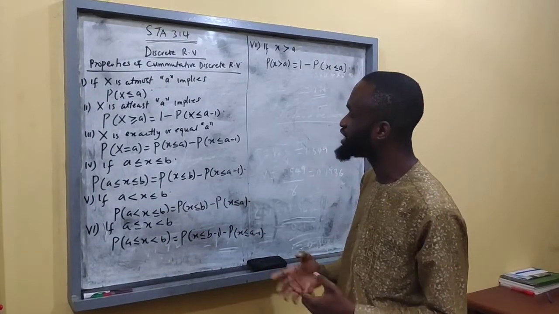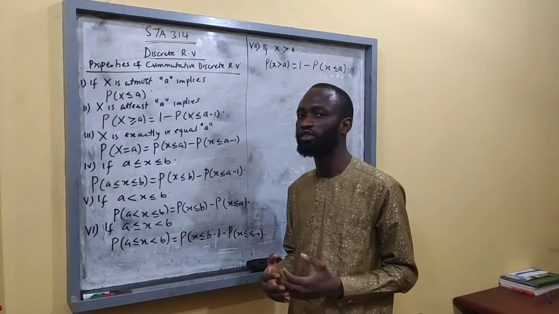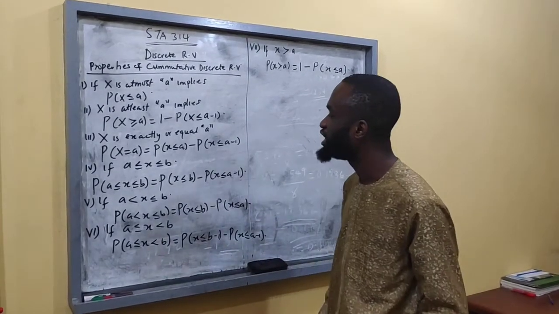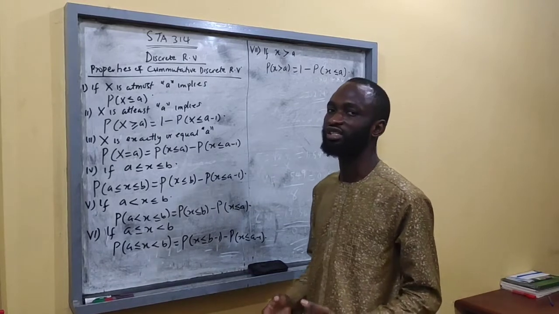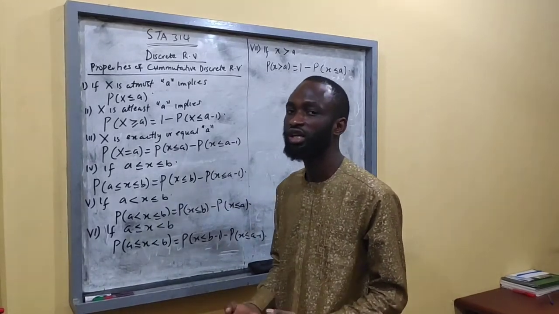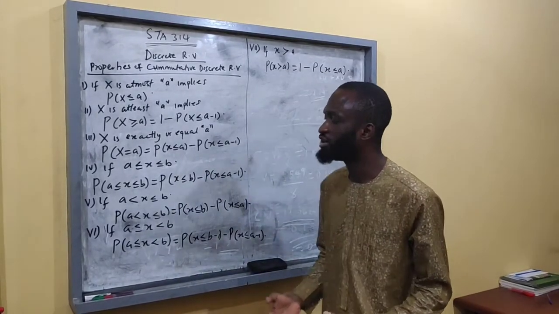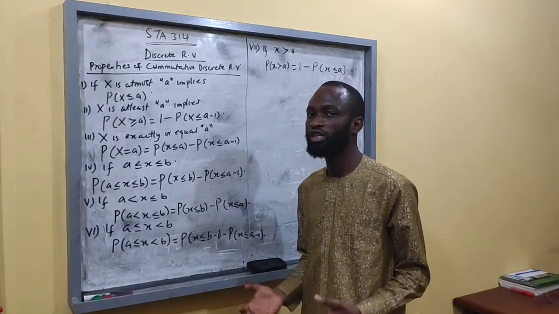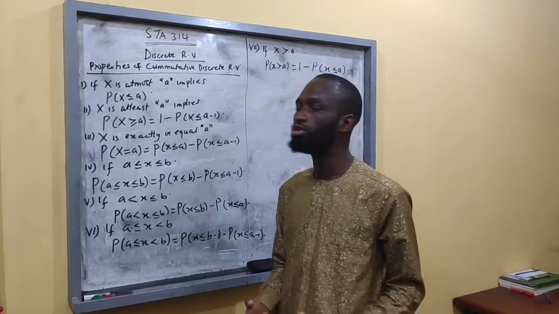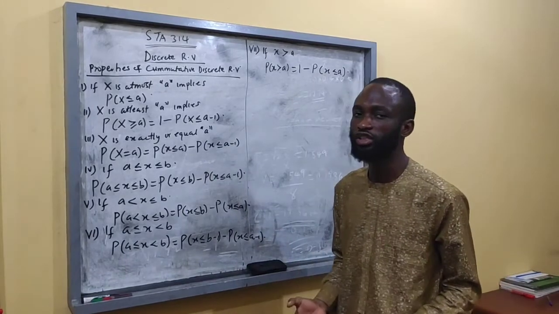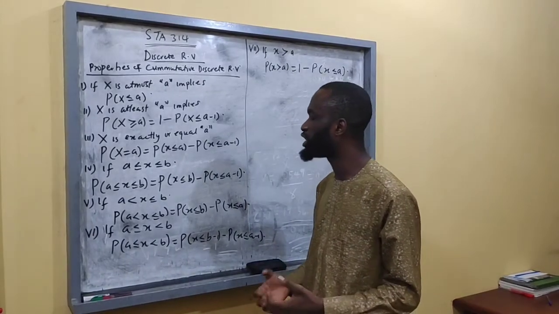If you look at the last problem I solved in that first video, I said it is easier to use a statistical table to evaluate your probability than solving it manually. There are even some cases where you won't be able to solve the probability question manually.